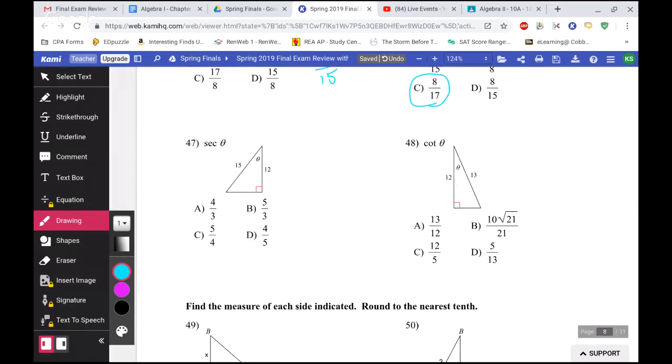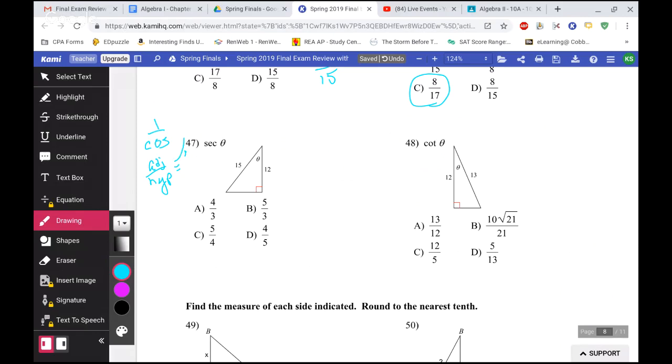Secant is the inverse of cosine. And cosine is adjacent over hypotenuse.